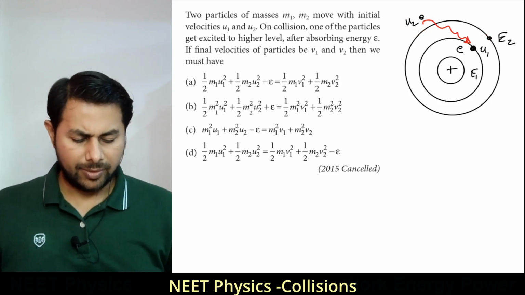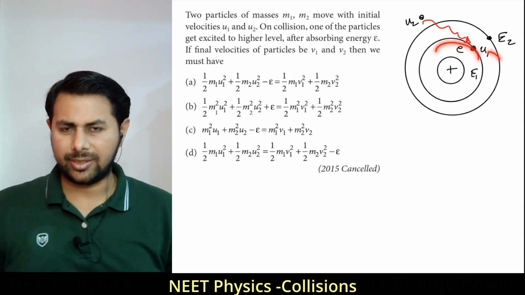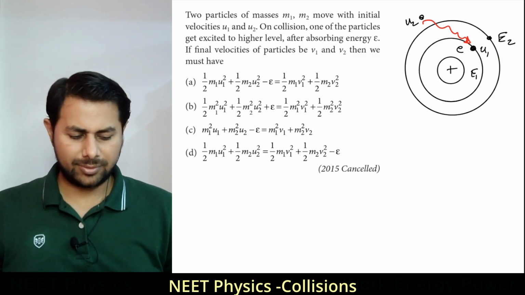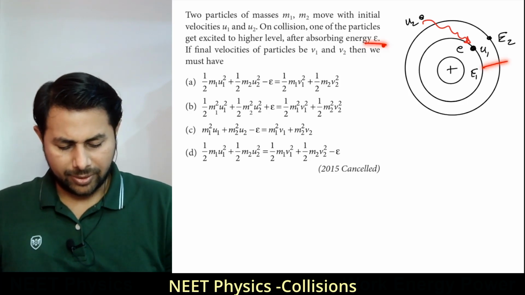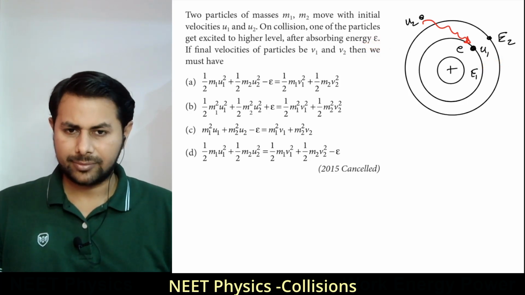But then the energy difference between this level and that level is something, and that energy difference is equal to epsilon or E that they are saying. Option A, what do you think?